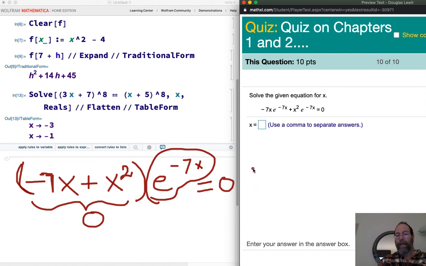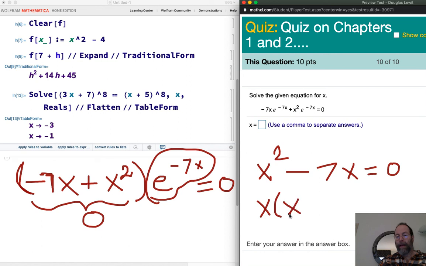So what I end up with is x squared minus 7x is equal to 0. I can factor out the x, so x times x minus 7 is equal to 0, and that's really easy.